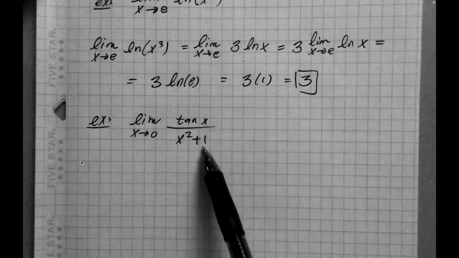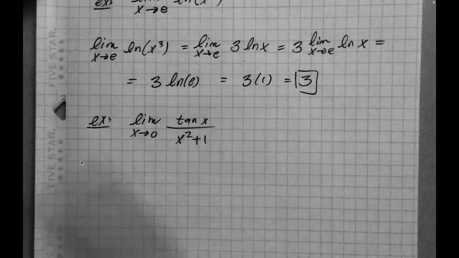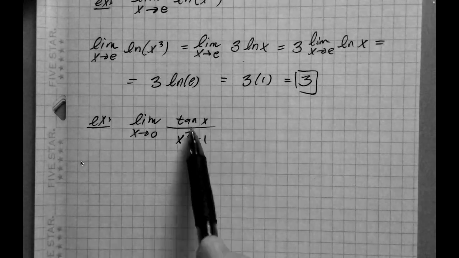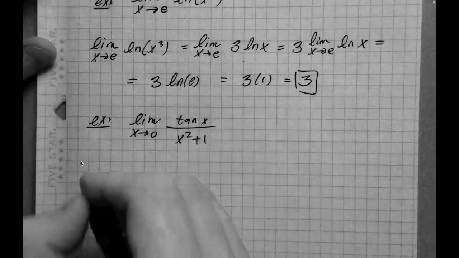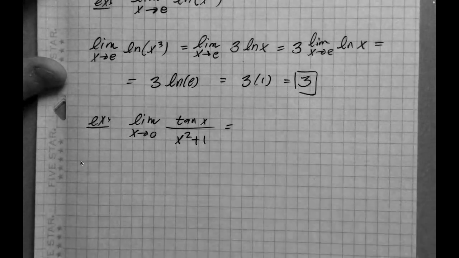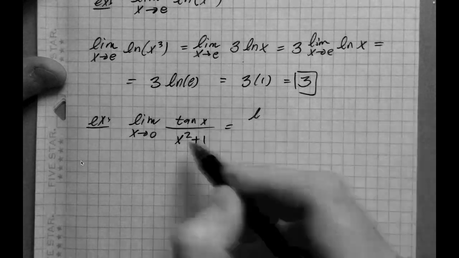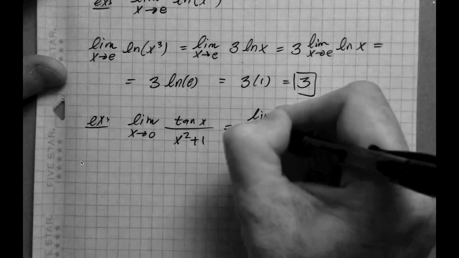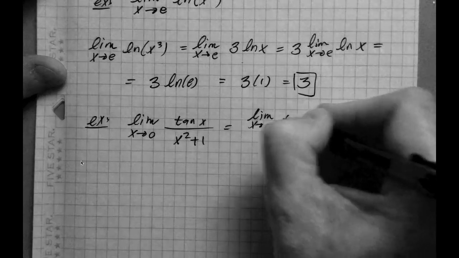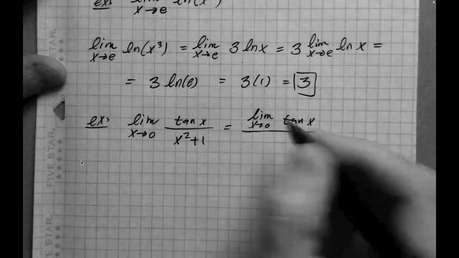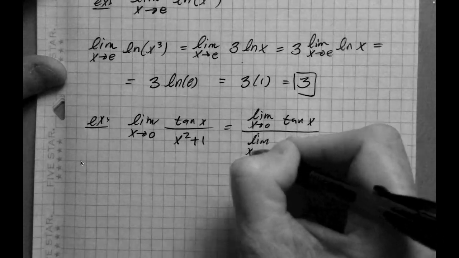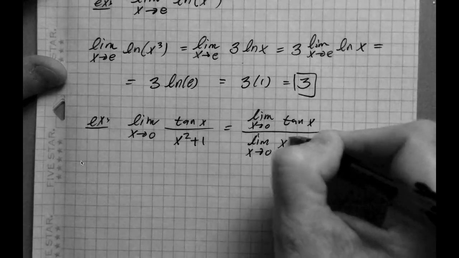So we're going to pull in the theorem that breaks the ratio into 2 separate limits. Because both of these are understood to have a limit, this would be equal to the limit as x approaches 0 of the tangent of x divided by the limit as x approaches 0 of x squared plus 1.